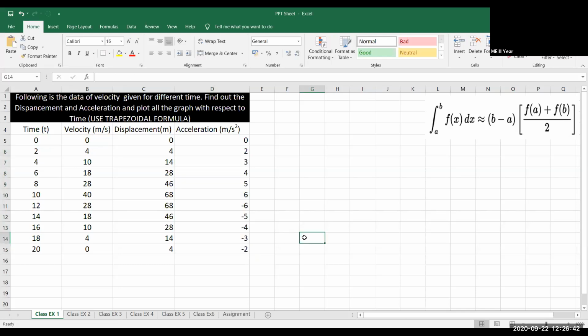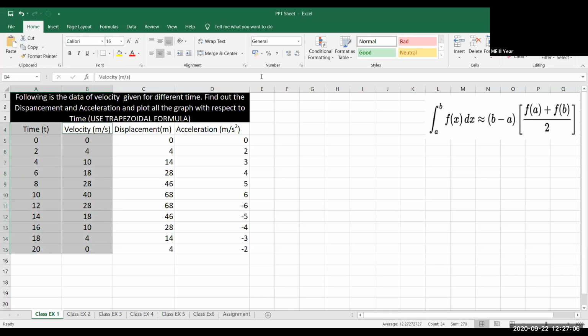Now you have to see the variation of velocity with respect to time. Similarly, variation of displacement with respect to time, and similarly acceleration with respect to time. For that you just have to do the plotting. All of you know the plotting. First we will find one curve, then we'll find the other curves one by one.